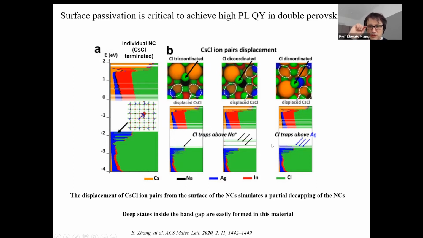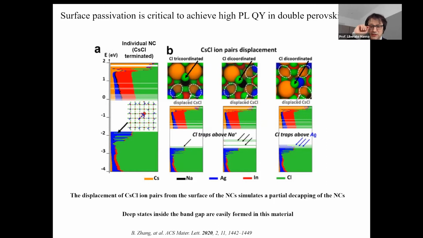But the overall message here is that unless you have a fully surface-passivated nanocrystal, you easily form these trap states, which are very detrimental for the optical properties.